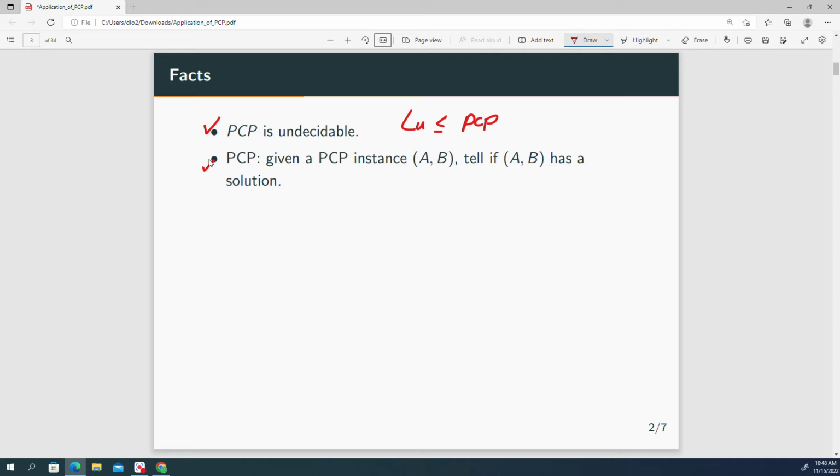The problem is basically, given a PCP instance A, B, where A is a list and B is also a list of strings, and the length of A is equal to the length of B, you can tell if these two lists of strings A and B have a match solution according to PCP.